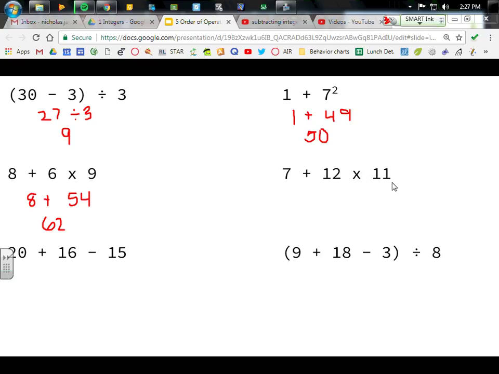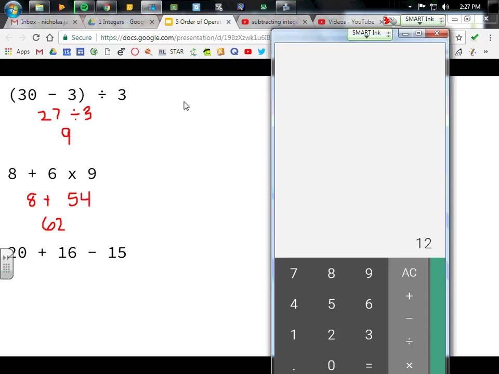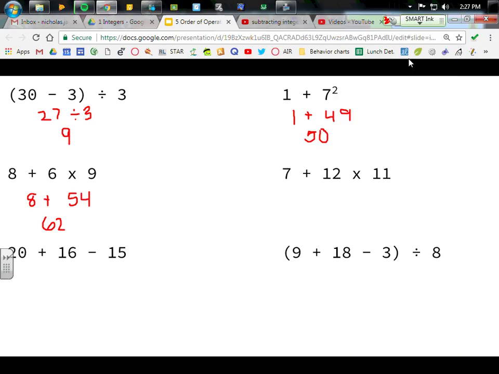So we have to do 12 times 11 first, which, how embarrassing, I forget my math facts. I forget what 12 times 11 is, so I have to go to my calculator. No big, everybody's got to do that sometimes. So 132. So the problem is now 7 plus 132. We add those up, we get 139.